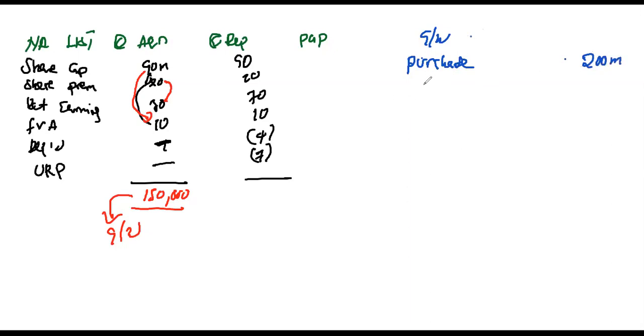And then we have the NCI at acquisition. Let's say it was maybe 50 million. When we add the two, we have 250 million. Now look at it this way. We bring the net assets at acquisition, this 150 million, here.